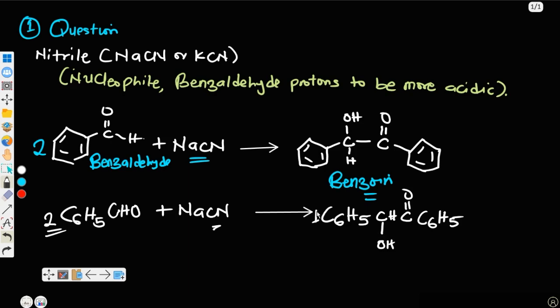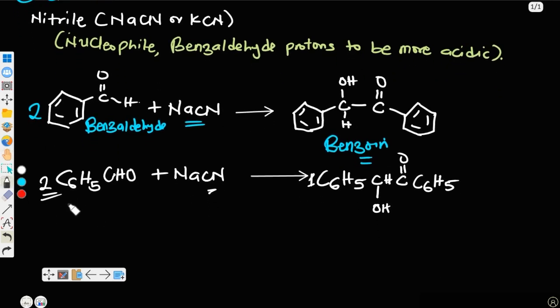Now if you want to write the equation for this, this will be C6H5CHOHCOC6H5. This will be the molecular formula. Is that okay? So that is that for that question.